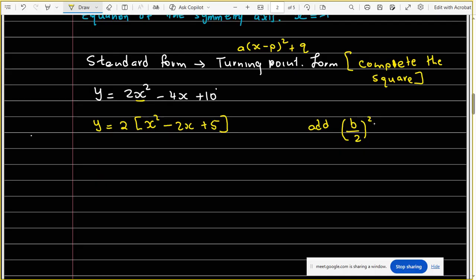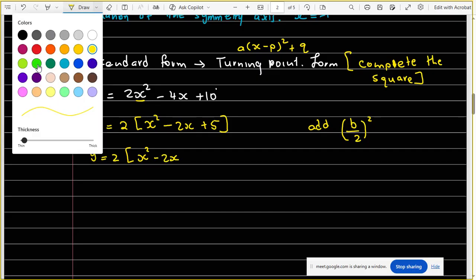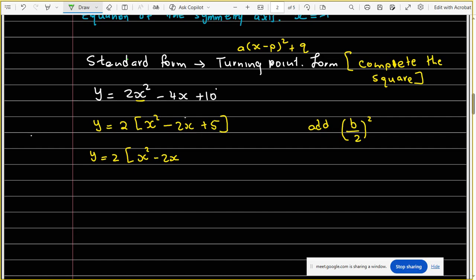You understand? Okay. On both sides. But let's take this step by step. So this will be 2 into x squared, then you're going to minus that 2x. After the term with the coefficient of b, that's when you add that term.